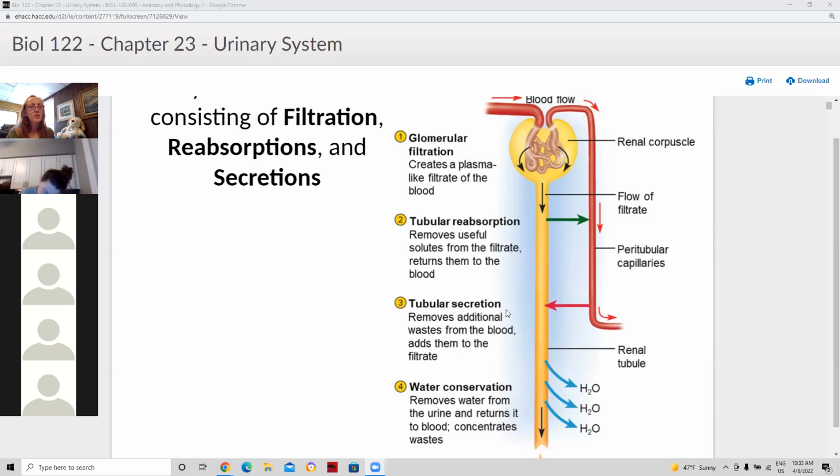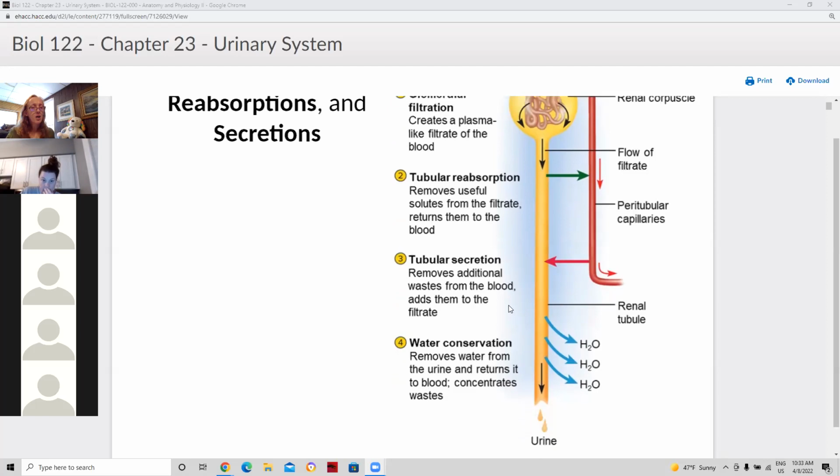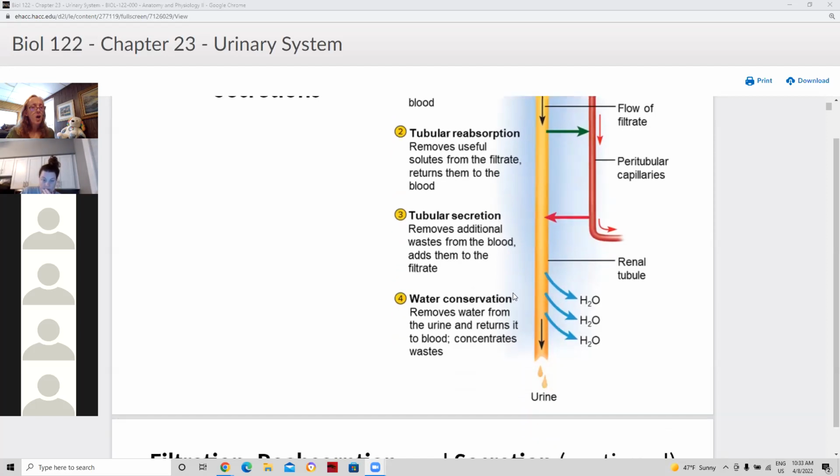Tubular secretion: many additional wastes that were not filtered out will be added to the filtrate from the blood. Water conservation: much of the water that's found in the filtrate will be conserved and returned back to the blood, concentrating waste.